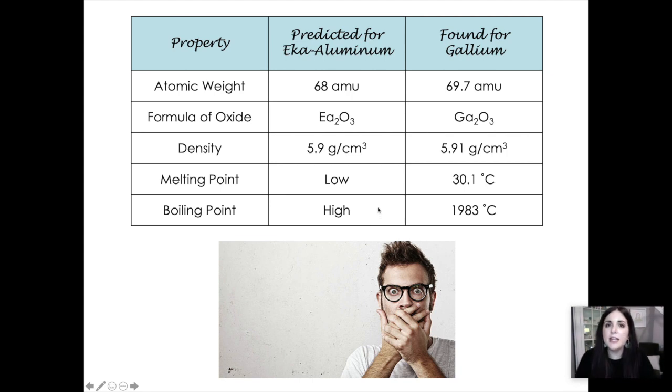A few years later, gallium was discovered, and gallium fit in that piece of the puzzle. And if you look at the real physical properties of gallium, they're almost dead on to what it would be.